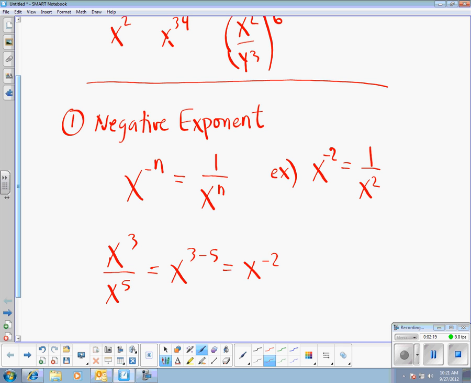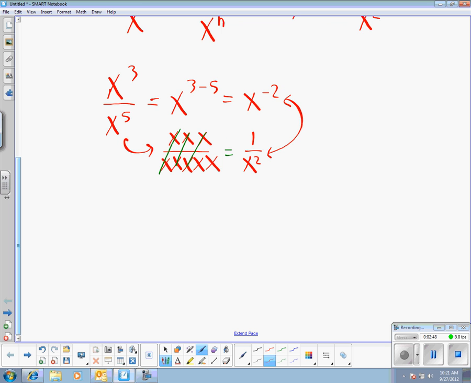And at the same time, if you write your 3 x's on top and your 5 x's on the bottom, and cancel some of them, then you get 2 x's left on the bottom. So you can see that these two things are equal in that way, even if multiplying x by itself negative 2 times doesn't really make sense. It's still our correct version of the formula.